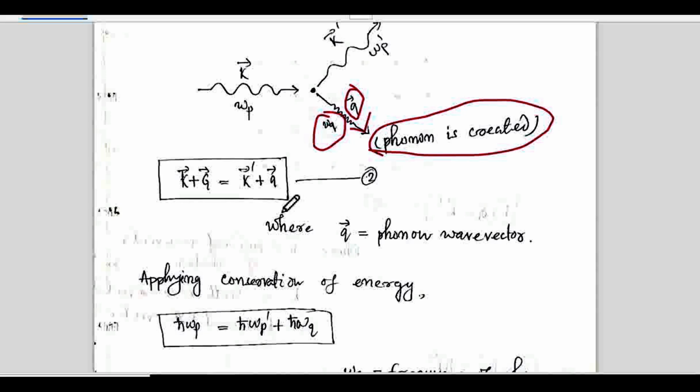Now you apply the formula of wave vector conservation, then you will get this. Remember, there is a positive sign here, because this is only for the creation case, when a phonon is created.